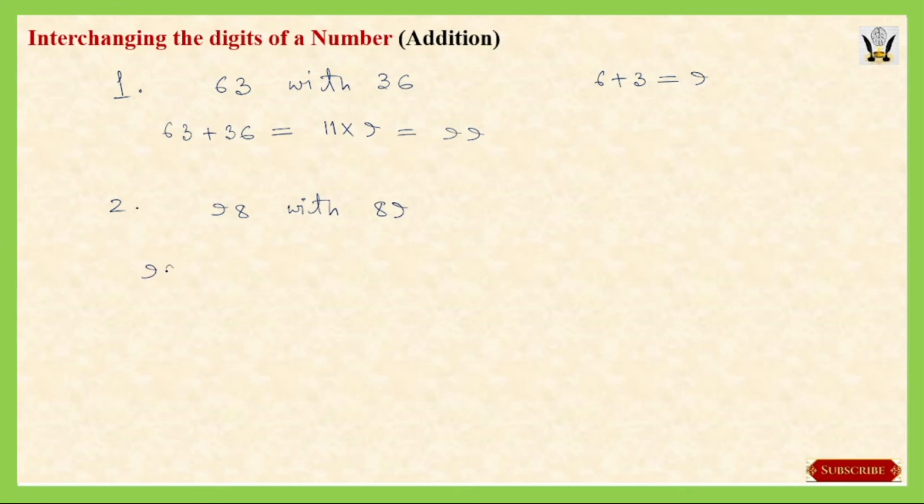So we know when we add 98 and 89, where 89 is the number we have obtained by interchanging the digits, in the result of addition we will have one factor 11, and what will the other factor be? The other factor we get by adding these two digits. So it will be 17. So here the result of addition will be 170 plus 17. That means it will be 187.